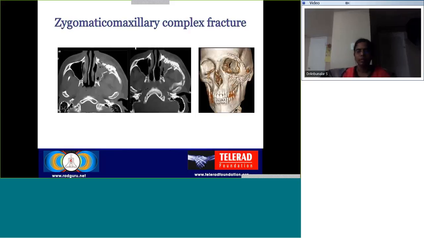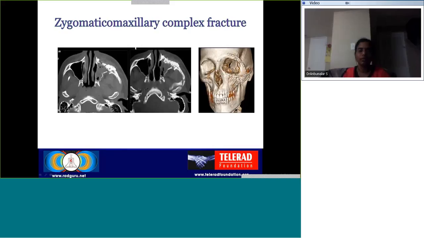So for surgical planning, mainly for the surgeon, the posterior wall, that is the zygomaticosphenoid sutural disruption, whether it is simple or permanent, is not of much clinical significance, and the zygomatic arch fracture is also not of much significance.